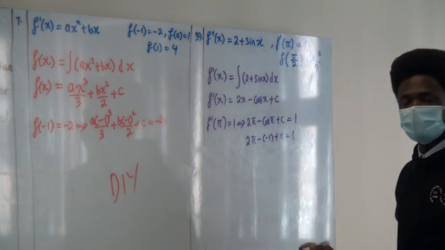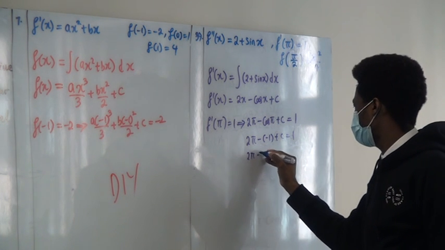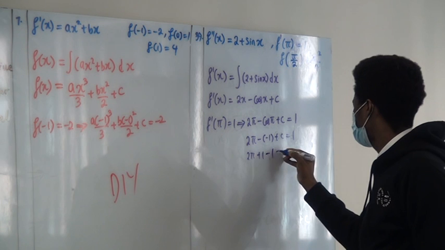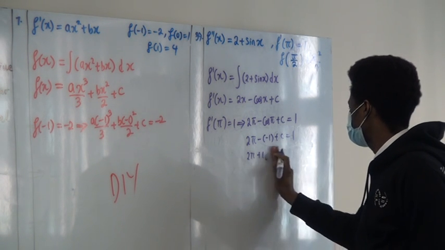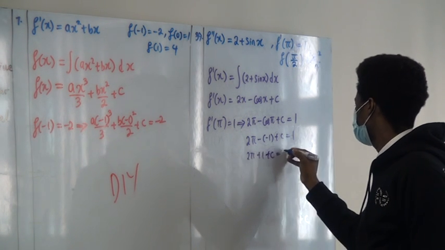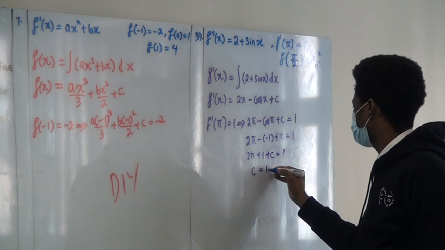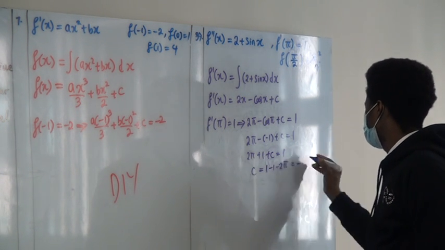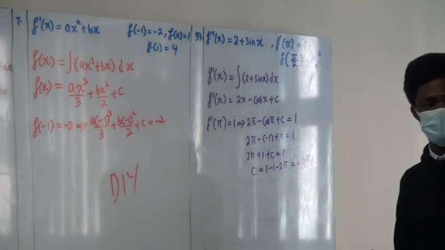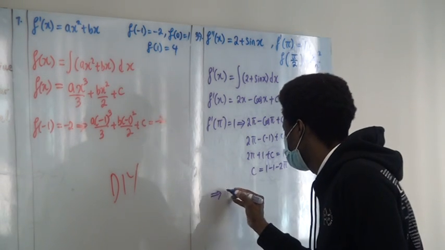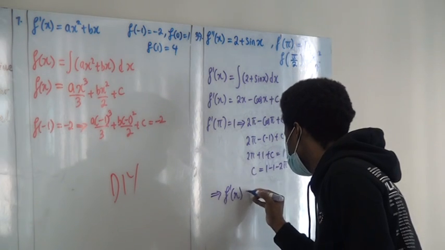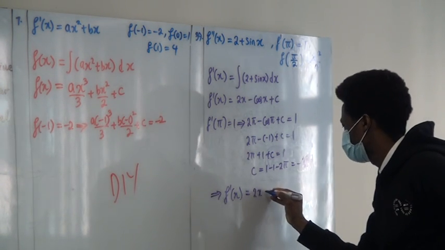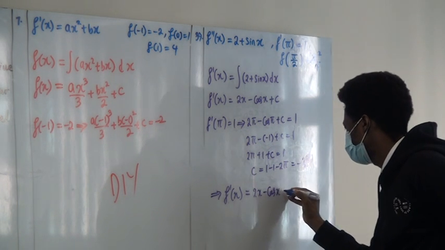Can you see that? So c becomes 1 minus 1 minus 2 pi, which is minus 2 pi. Agree? Yes. So which means my gradient function of x can be written as what now? 2x minus cos x minus 2 pi.